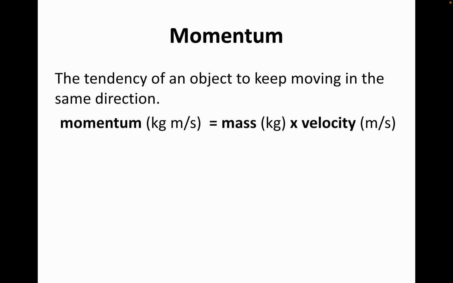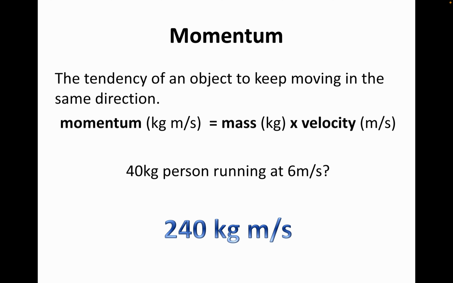So things that affect, like kinetic energy, things that affect momentum are mass and velocity, but you can see in momentum there is no squared component to the velocity. So momentum is simply the mass times the velocity. Okay, so a 40 kilogram person running at 6 meters per second, you just multiply the mass in kilograms by 6 and you'll get 240. So the answer will be 240 kilograms meters per second.